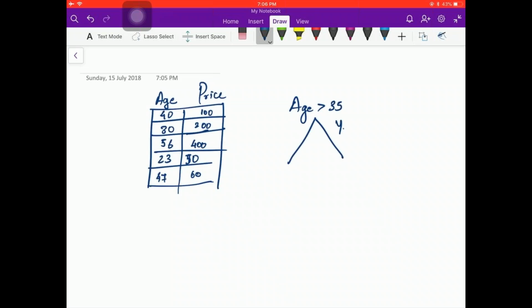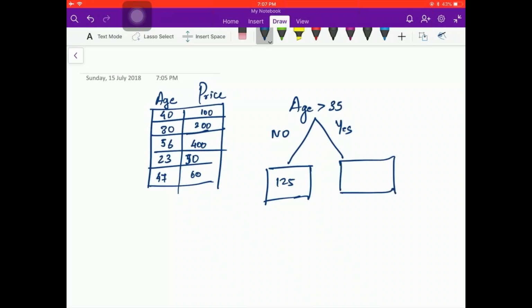So this is the yes branch and this is the no branch. Now, what is the average when age is less than 35? So 200 plus 250, only 2, right? 250, so this is the average.